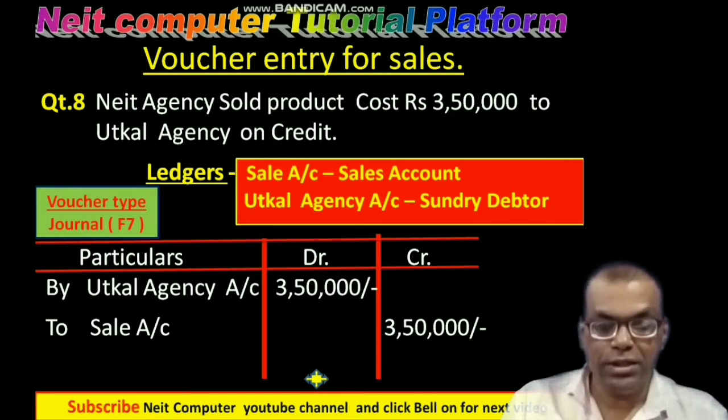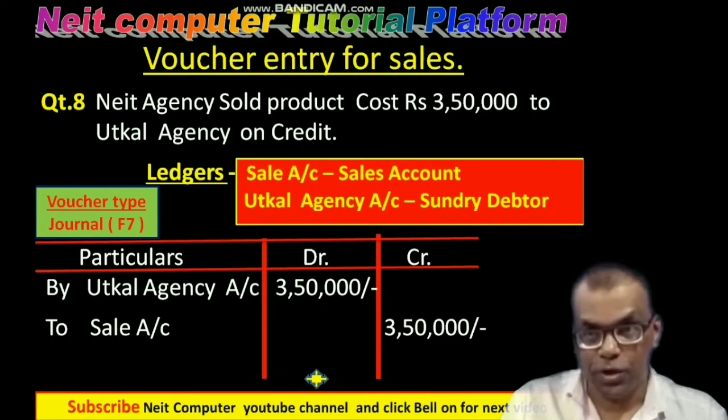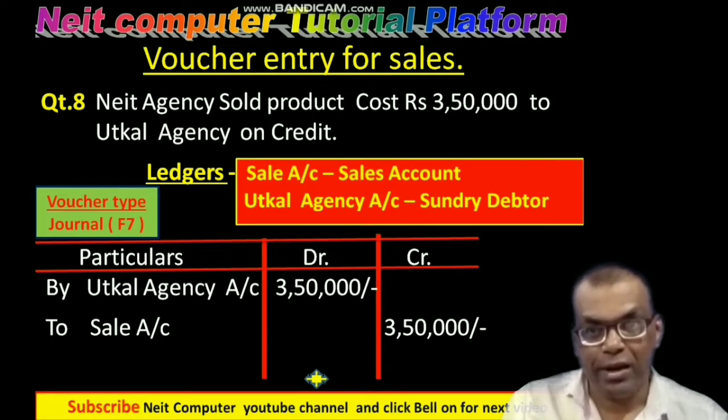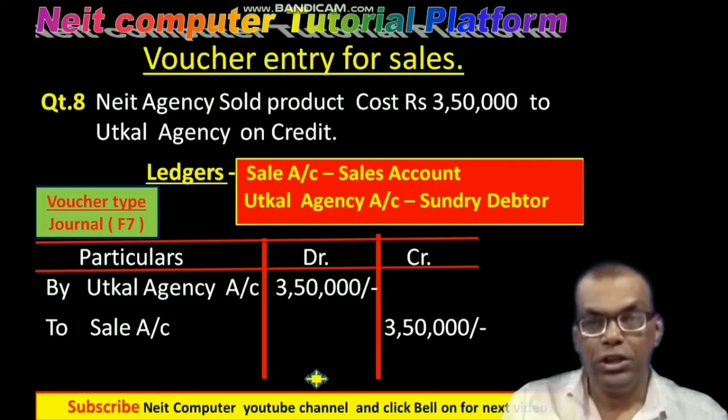Why does the Utkal agency account group become sundry debtor? The party, person or organization to whom we sell product on credit, if we create a ledger by that name, the group must be sundry debtor.